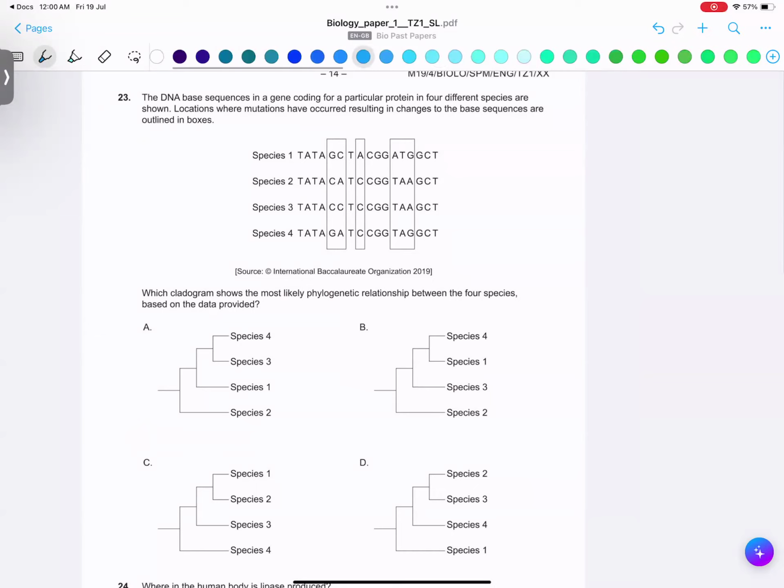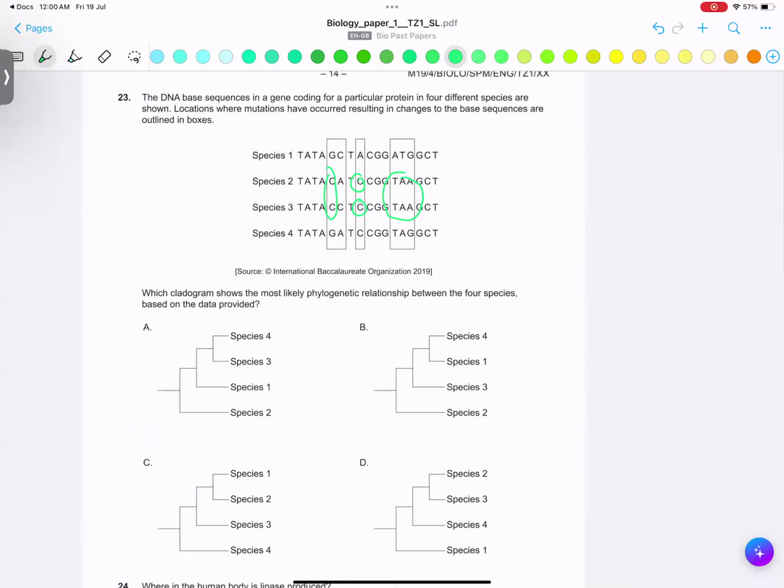So let's look at their similarities. We can see that species 2 and 3 are the most similar. We can see all the similarities here. We can see that species 1 is really, really different.